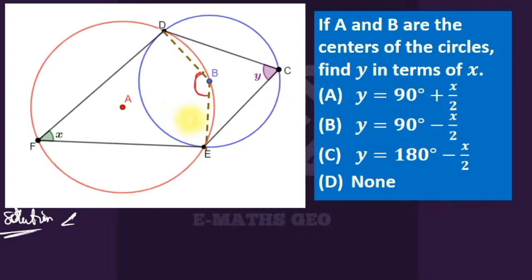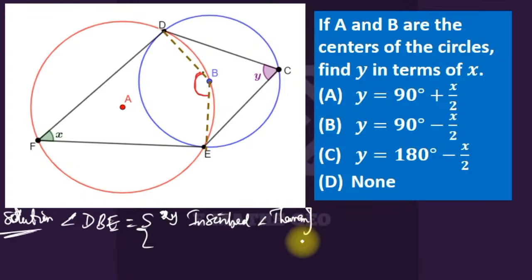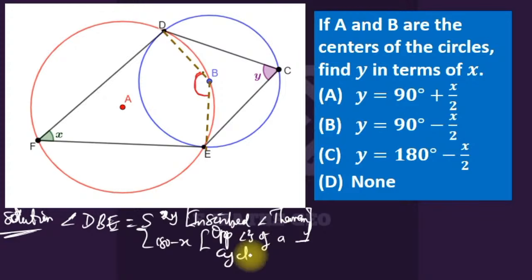So angle DBE has two values: either it is equal to 2y by the inscribed angle theorem, or it is equal to 180 minus x by opposite angles of a cyclic quadrilateral.